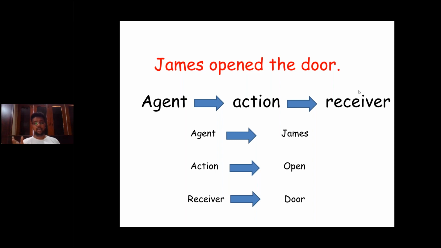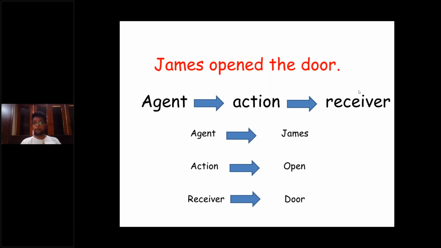The terminology is agent, action, and receiver. Please be very attentive. The agent is the subject. An agent does something. The activity is performed by the agent. So who is the agent in this sentence? James is the agent. Then we have the action. What is the action in this sentence? The action is open.